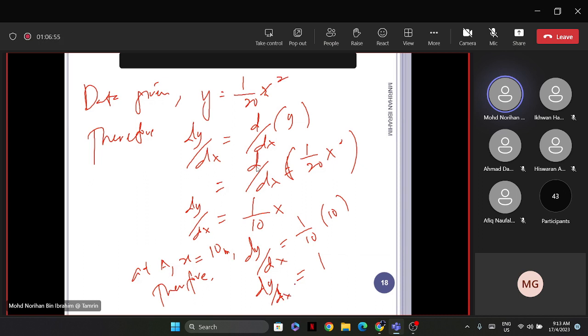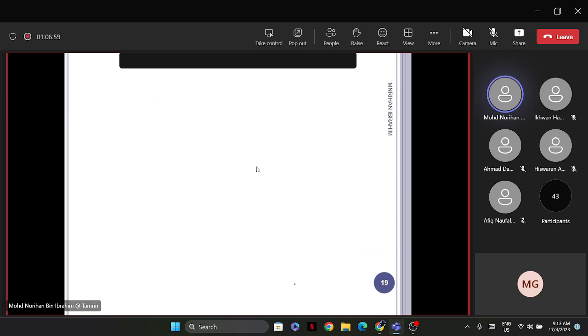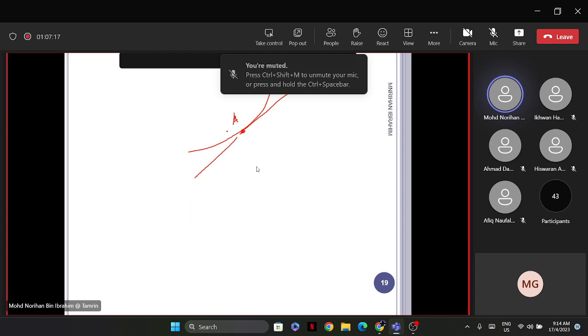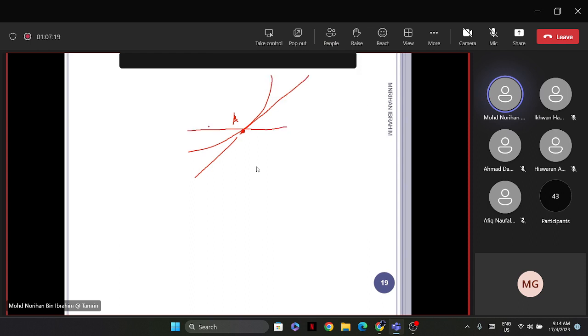Since dy over dx is equal to 1, that actually represents the slope. You know that we have this curve like something like this. This is A. This is the horizontal line. They ask you to find what is theta.